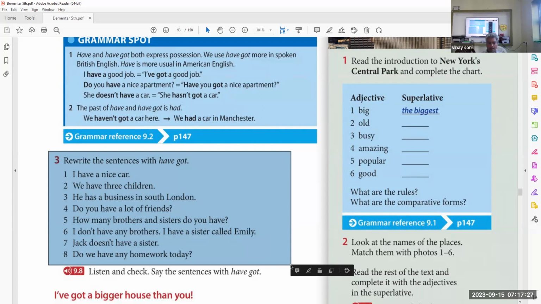Very good. 2, We have got 3 children. Now do the rest, but in writing, in the book, okay? I want you to do it alone, everybody. Write the entire sentence. I don't want you to just insert got somewhere in the sentence. Write the entire sentence, okay? Please.